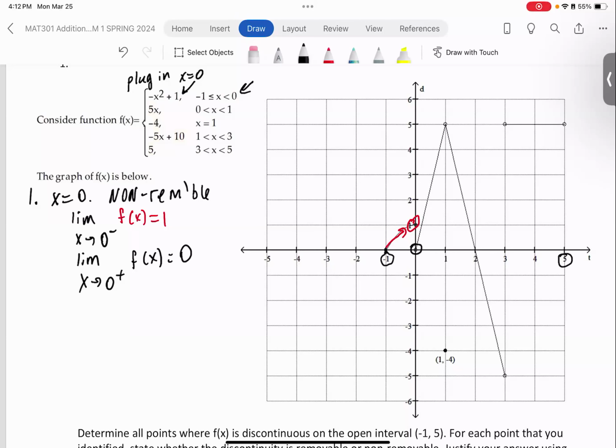On the left side, it's 1. On the right side, you see visually there's a gap. You can also see that if you substitute 0 inside here, you also get 0. You also see it in the definition. So because the limit from the left doesn't equal the limit from the right, the limit itself does not exist.